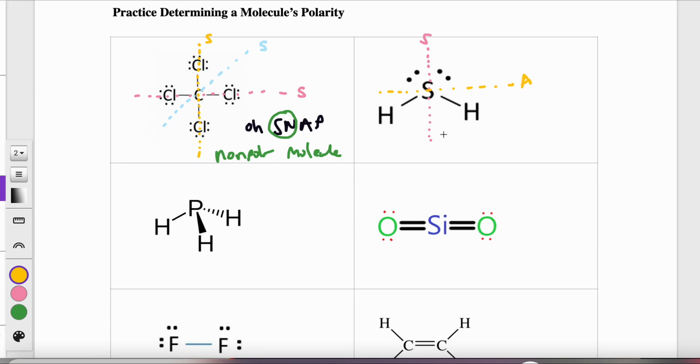So that is asymmetrical. And once I find at least one plane is asymmetrical, all I have to do is find one, then I know it is definitely an asymmetrical molecule, so it's polar. So this would be a polar molecule.